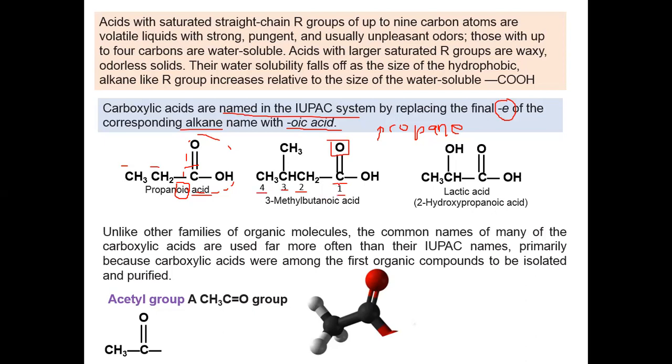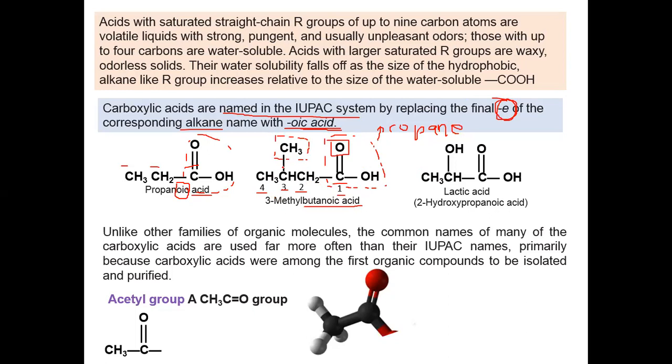Because we have 4 carbons in this carboxylic acid, because we have this group, this is butanoic acid. It comes from butane, changing the ending E to OIC acid. So it's going to be butanoic acid, but also we have a substitution, right?